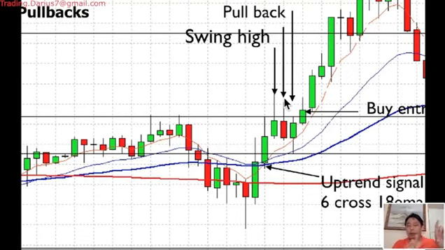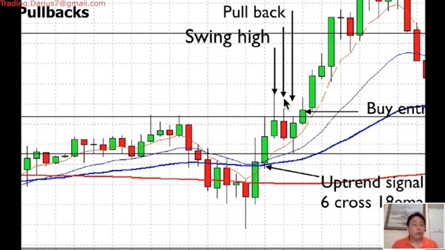So what happened next? The next candle went even lower, so it did not trigger our buy order. Remember, our buy order is only triggered if the next candle goes higher than its high. But in this case, the next candle made a lower high. So again, a lower high and a lower low. So it pulls back once, it pulls back twice. So our buy order that was here is not triggered.